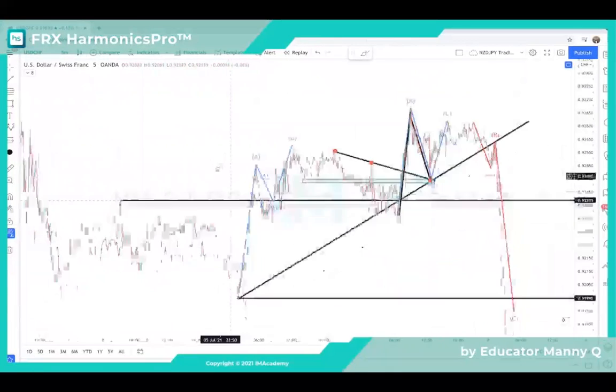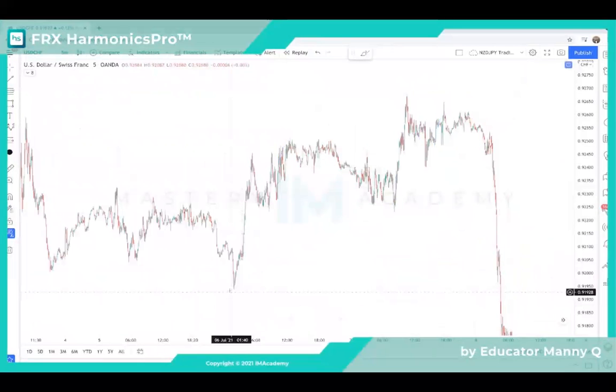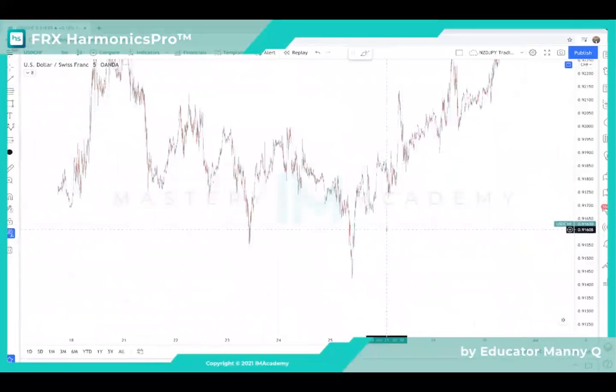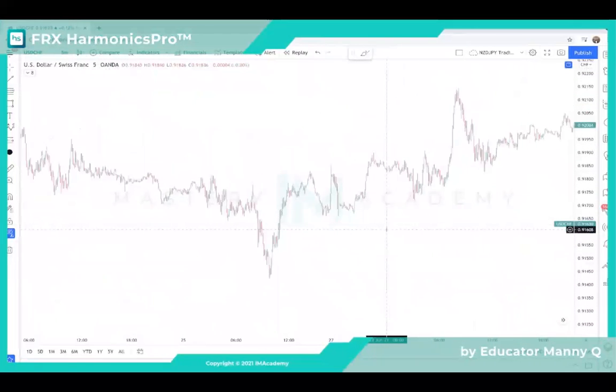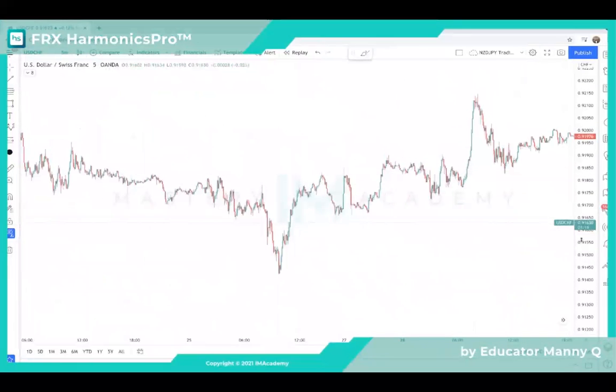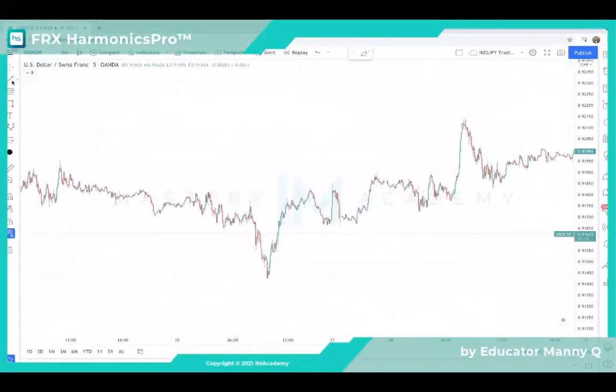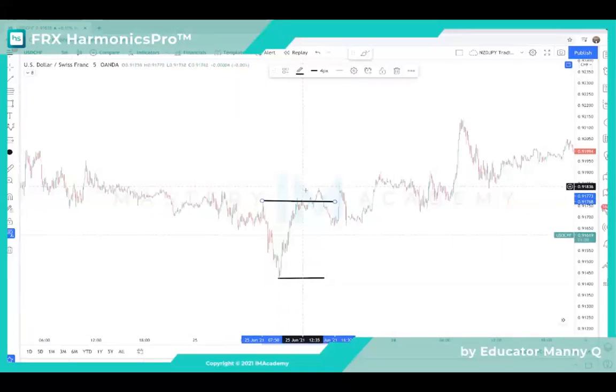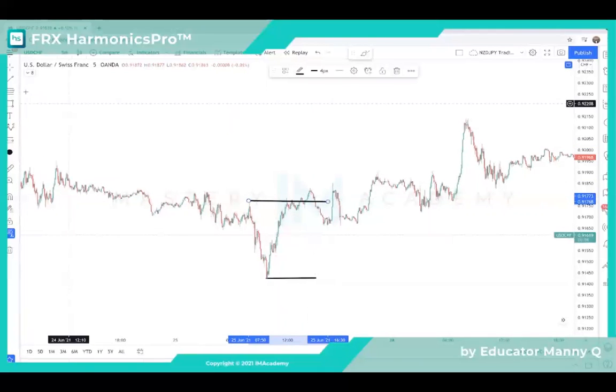So if we come over here, let's remove these drawing tools and see if I can find some break and retest concepts. Right over here, we had a market low and a market high. Now this is a poor example, we're going to use other examples.